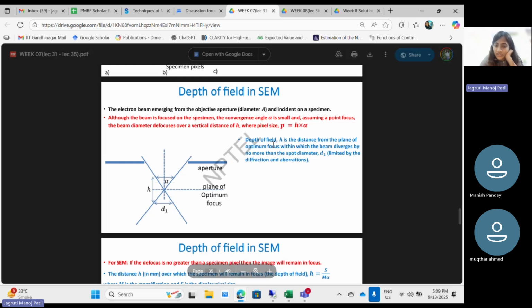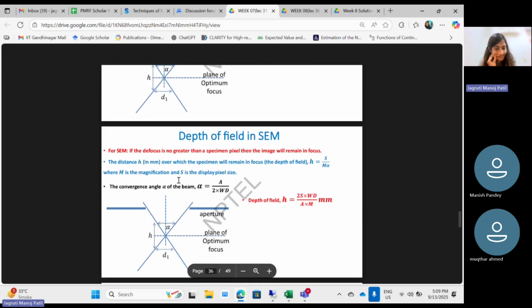Yeah, exactly. That region, the distance of the plane of optimum focus in which the beam diverges by no more than this particular diameter, is limited by diffraction and aberrations, right? So the region where h remains is the region where you don't have any diffraction, you don't have any beam related artifacts, so you always get the full intensity that you want to look at, you don't have any other differences in that region, right?